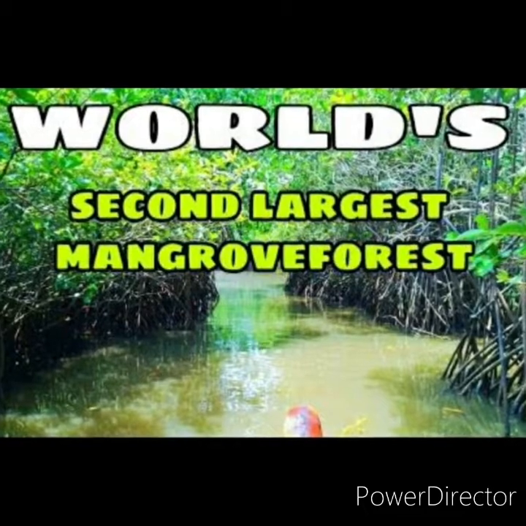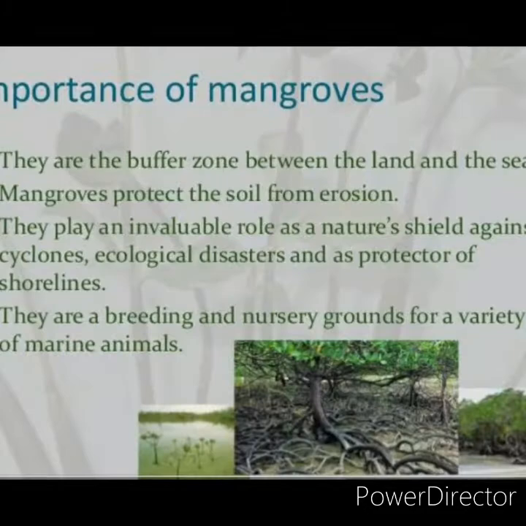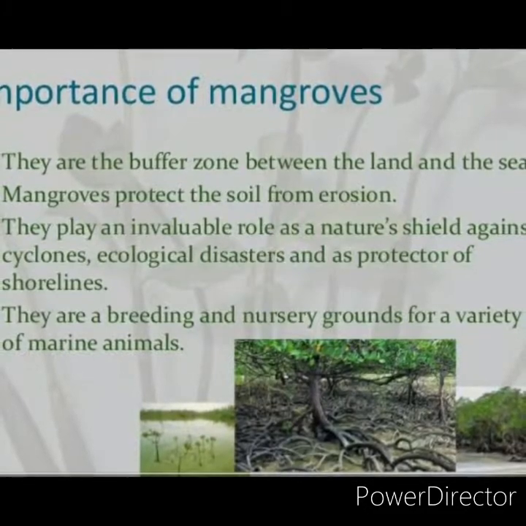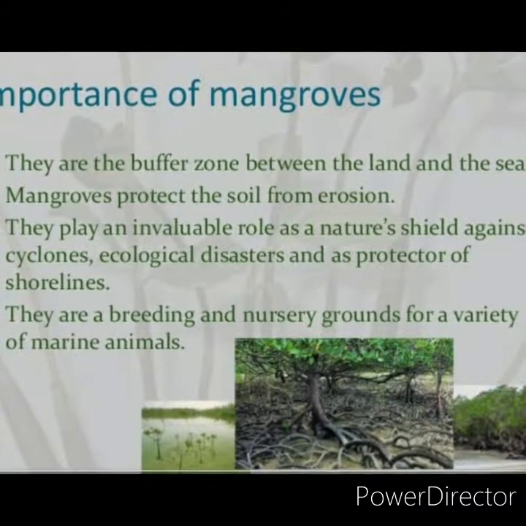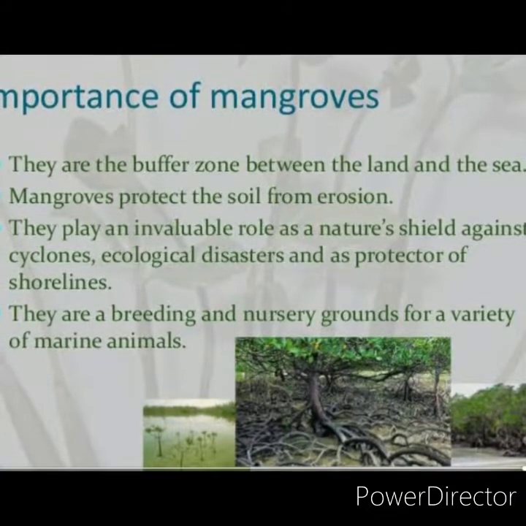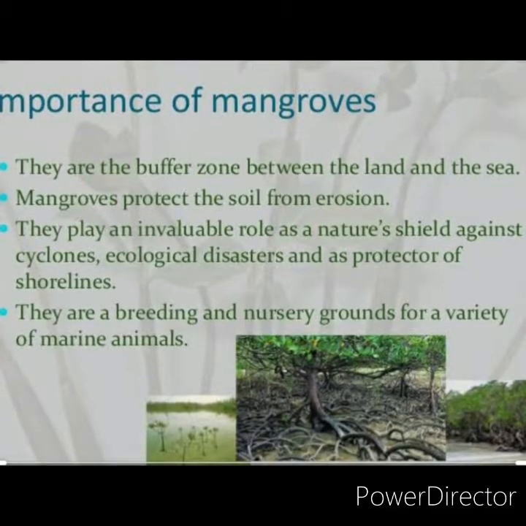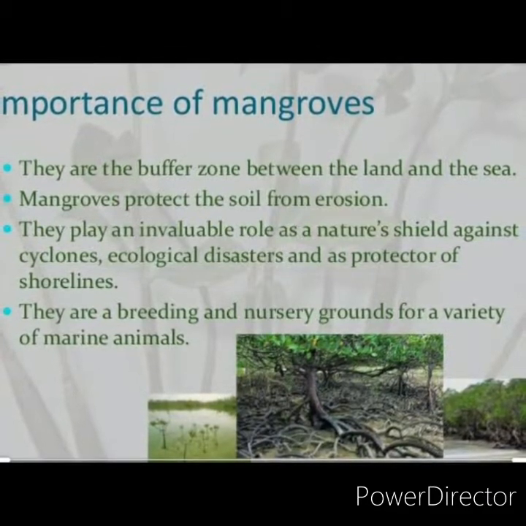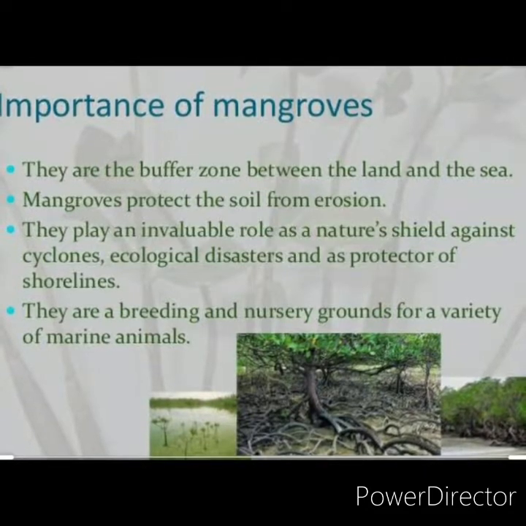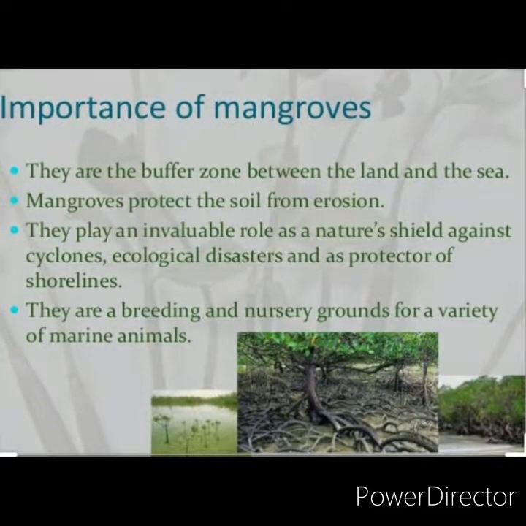This mangrove forest plays a vital role in coastal zone management. Mangroves help in the prevention of coastal erosion from waves and storms. They also protect coral reefs and seagrass meadows from being smothered by sediments.